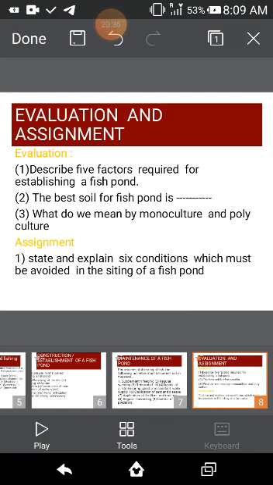Evaluation. After all we have done today, I expect you to describe 5 factors required to establish a fish pond.